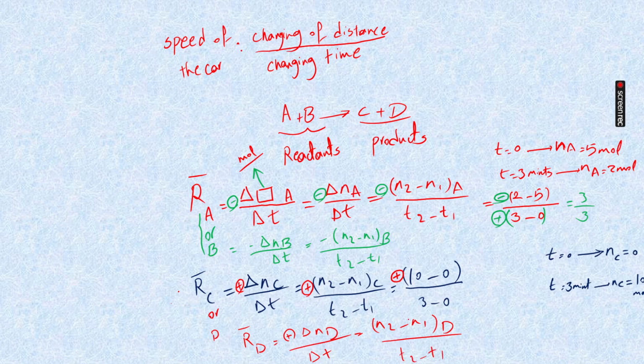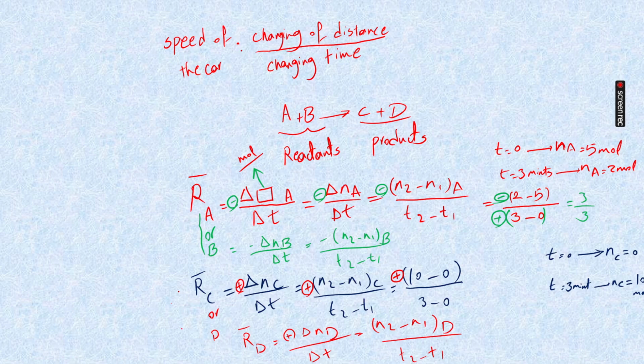During the time, D is a product, so it increased. The concentration of D is increased. The concentration of C is increased because they are products. But the concentration of B and the concentration of A is decreased.